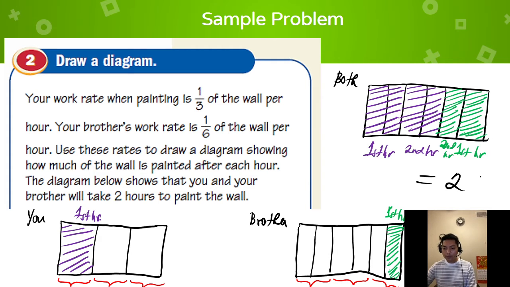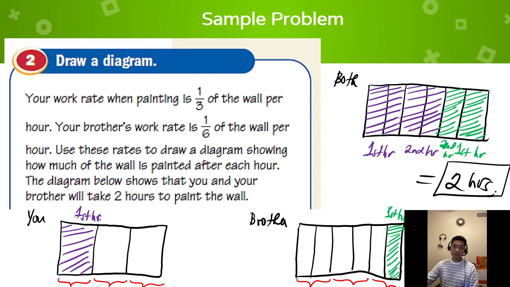So we were right about our upper limit, that it should be less than 3 hours for both of you to paint the wall. Okay? So we have 2 hours if you're working together. I hope the diagram helped you understand the problem and how we derive the answer.